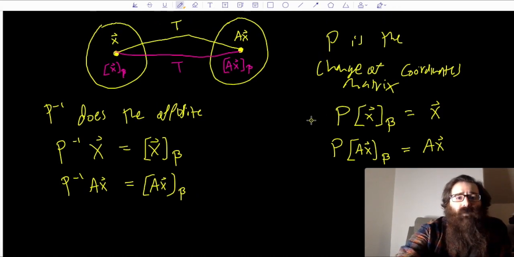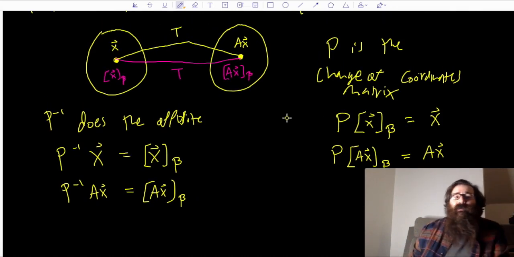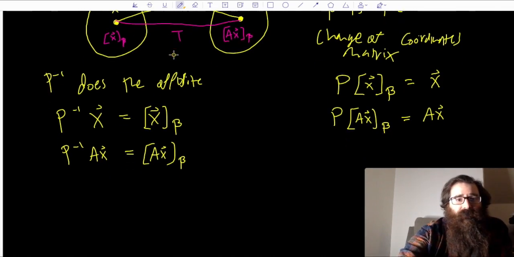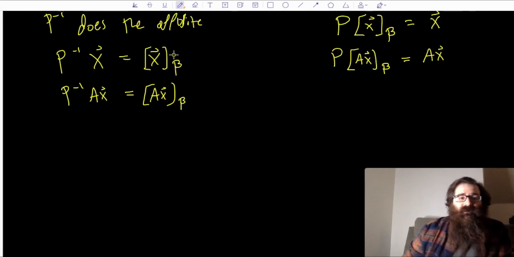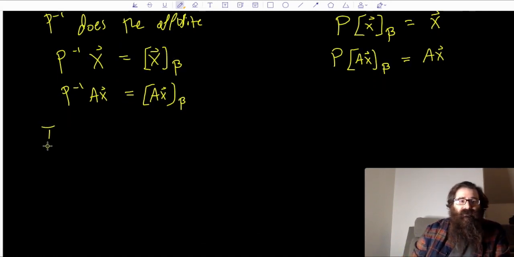Now, with these tools, we can start to ask the following question. I have this really nice transformation T, and I already know from previous sections very early in the course how it's going to behave in a standard coordinate system, where we know that T of x is described as matrix multiplication A times x.